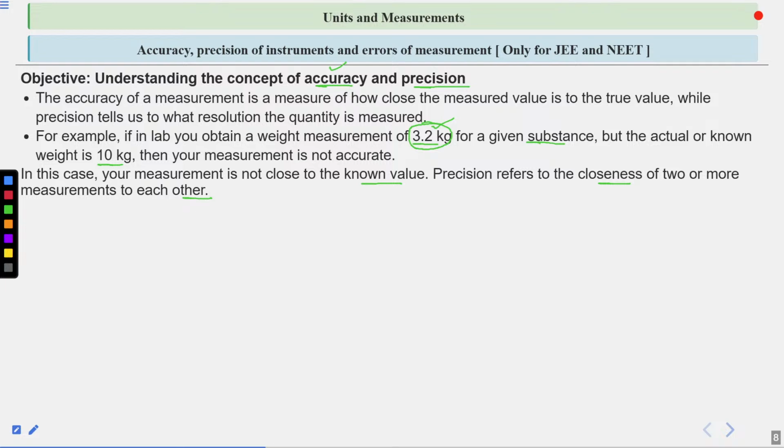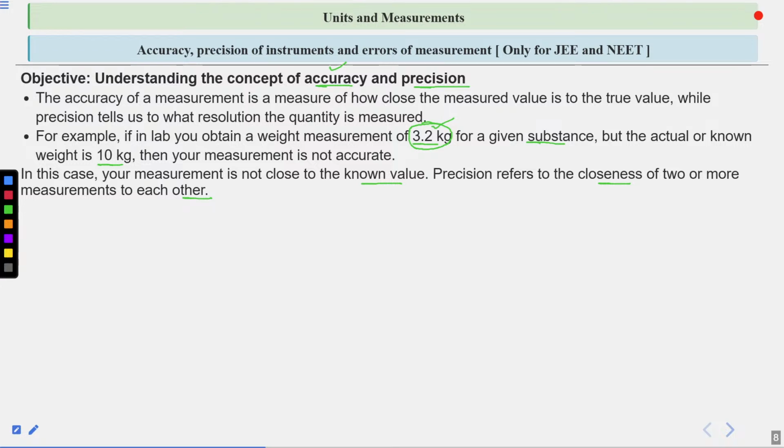Yes, because accuracy tells us about the perfection, or we can say closeness to perfection. Accuracy tells us about the perfection of any data. So this is the main point.